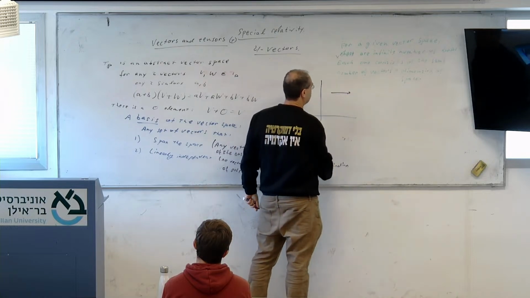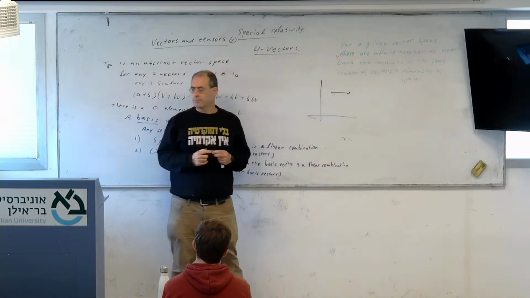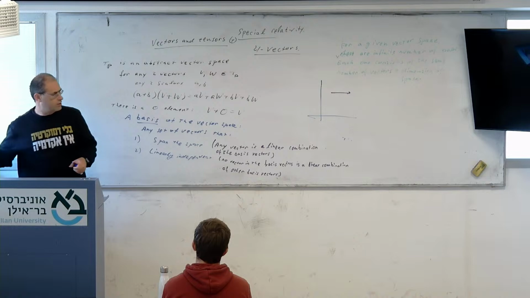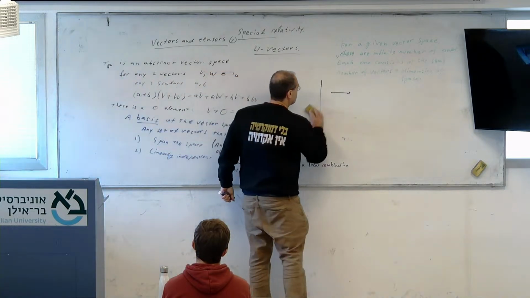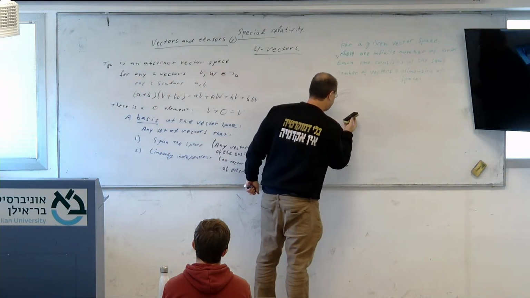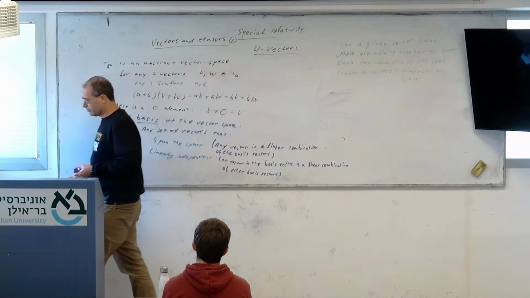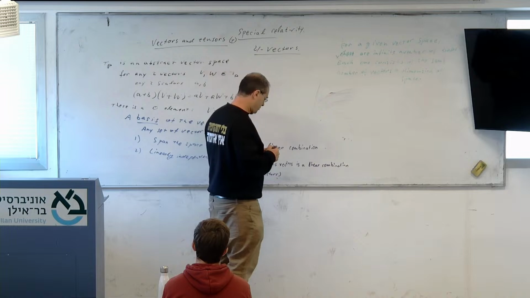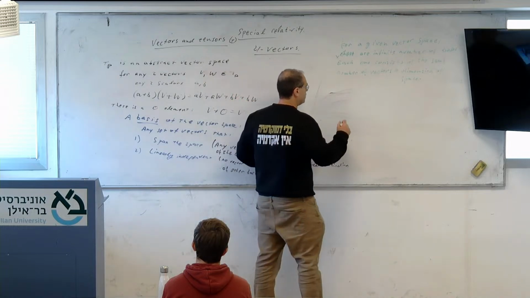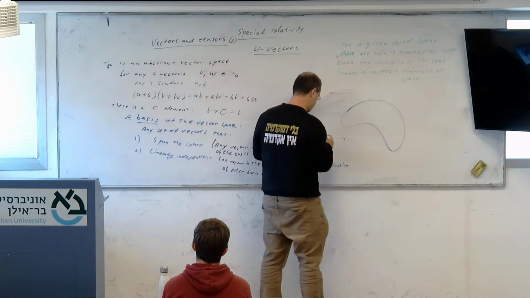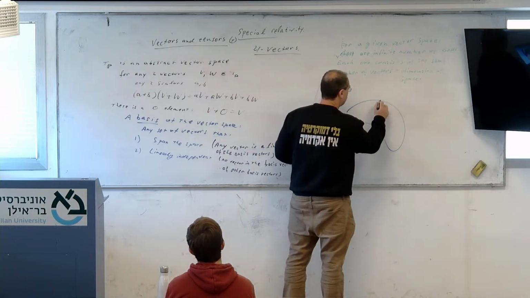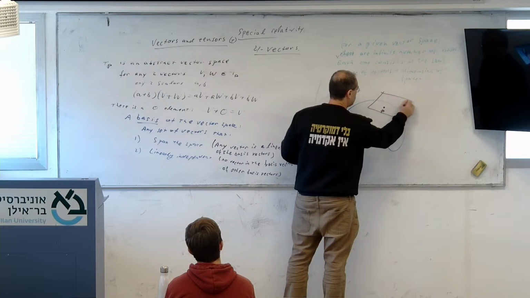Let's do it a little bit more precisely. This is my space. This is a point P. This is a tangent space.